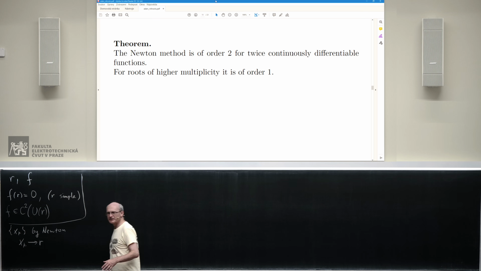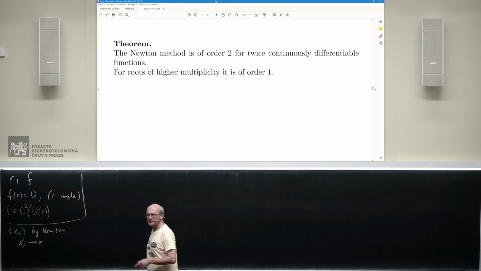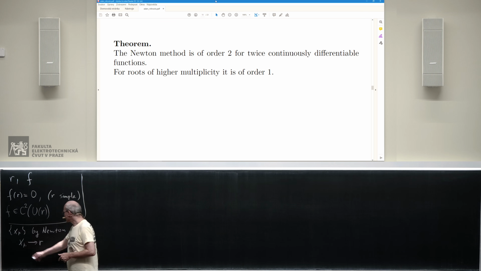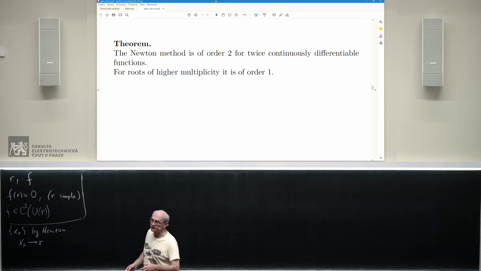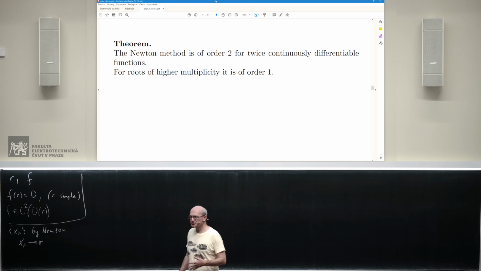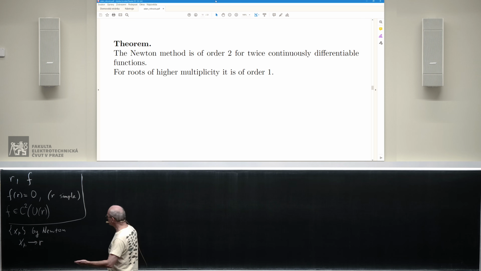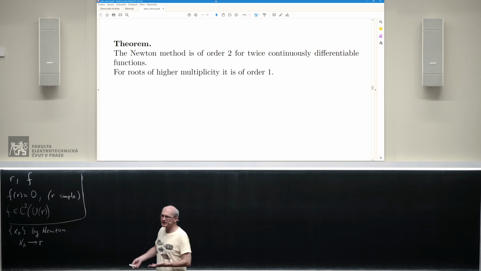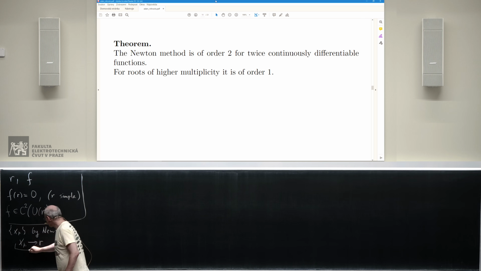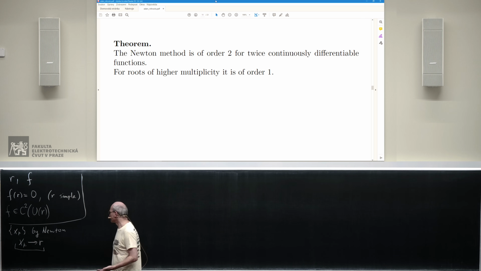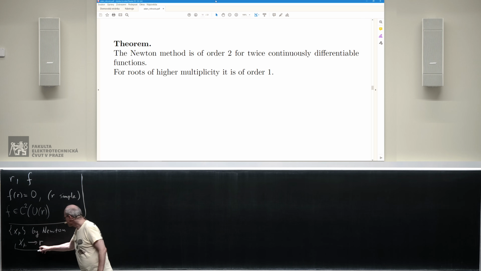Now remember, when we are checking the order of a method, we only check it on sequences that actually go to the root. Because for most methods, you can also generate sometimes sequences that do not go to the root, and it doesn't really make much sense to ask how quickly they go there if they don't go there. Okay? So that's an assumption which is a part of the definition of the order of a method. We only check it on convergent sequences.